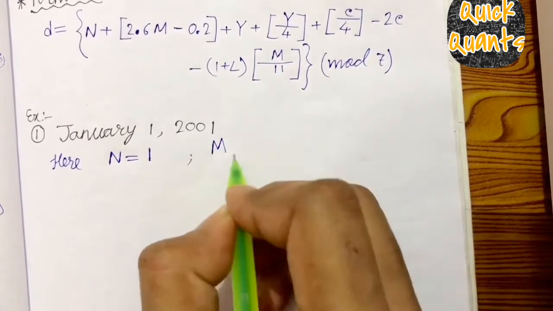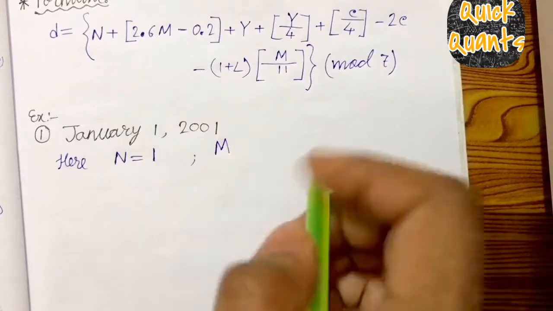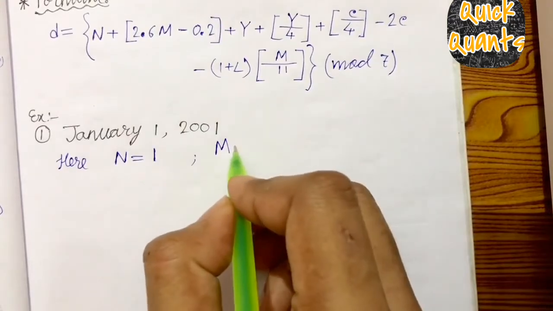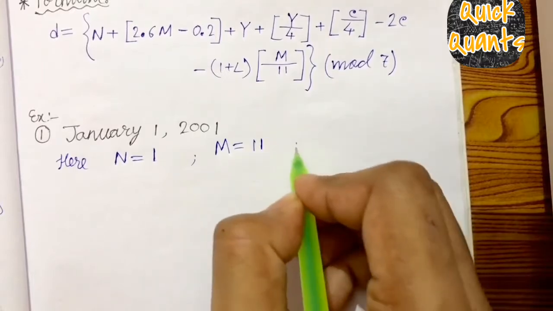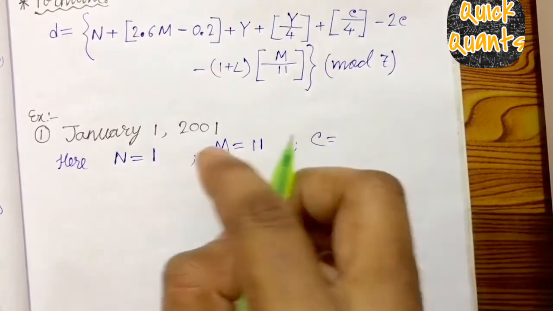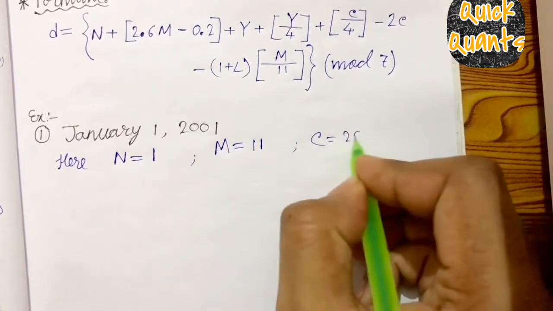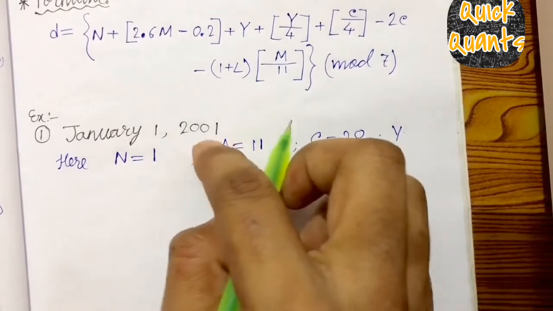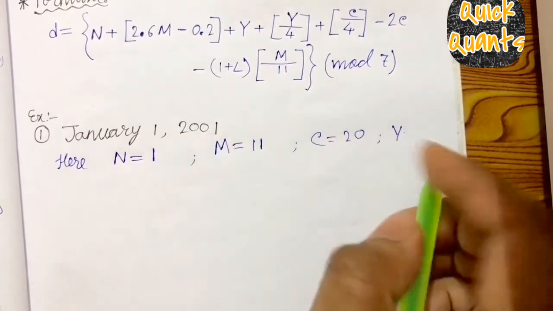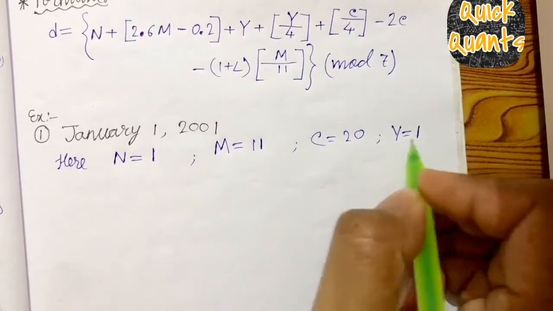M is the number of the month according to the table, so January becomes M equal to 11. C is the first two digits of the given year, here 20, and Y is the last two digits of the given year. Here Y is 01, or you can write it as 1.